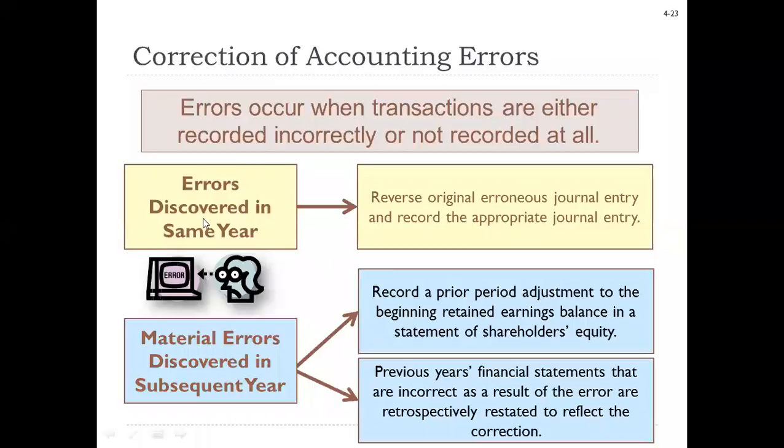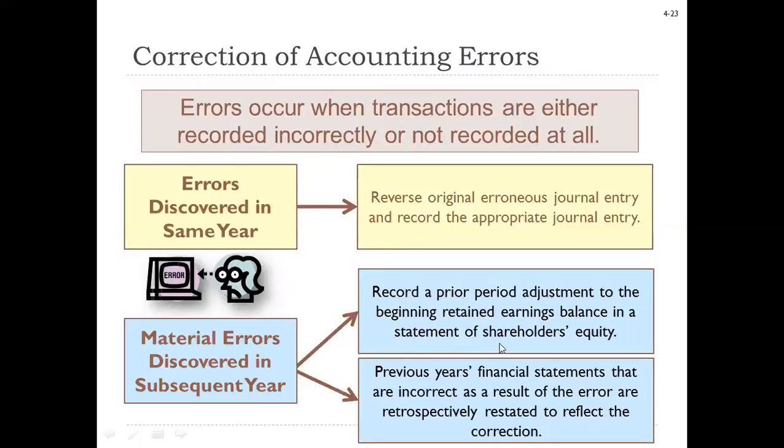If you find the error in the same year that it occurs, then all you have to do is fix it. So reverse out the original entry and then record the new entry. However, if you discover an error in a year after you've already closed out, then you need to make a prior period adjustment.